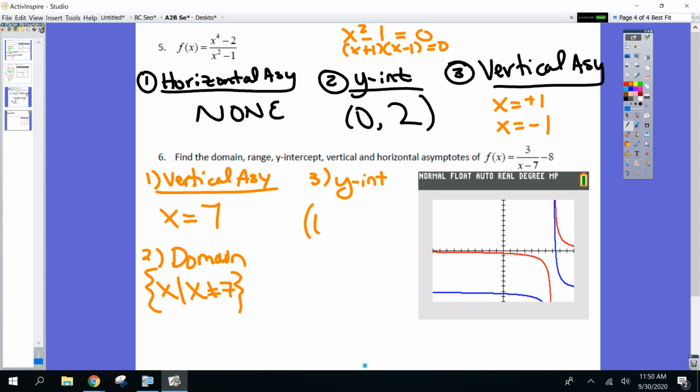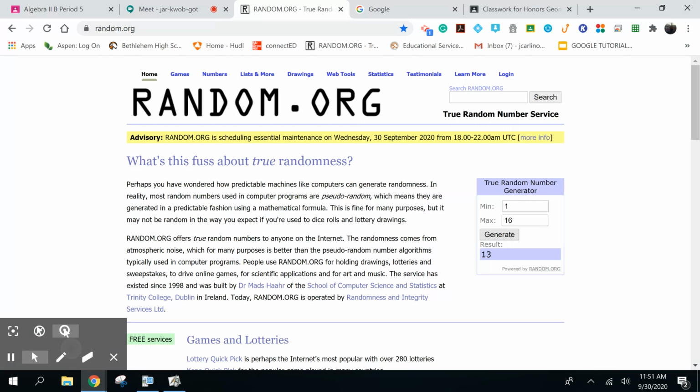Because you guys are going to get a very sloppy decimal or fraction, and you should, because this is not an exact point. Plug in 0. When you're ready, let me know. Dan, let me know when you're ready.